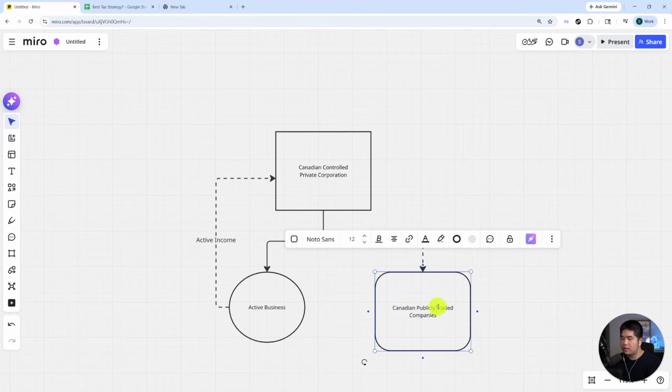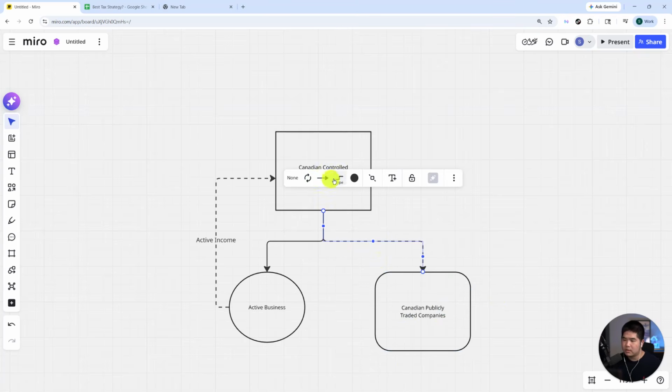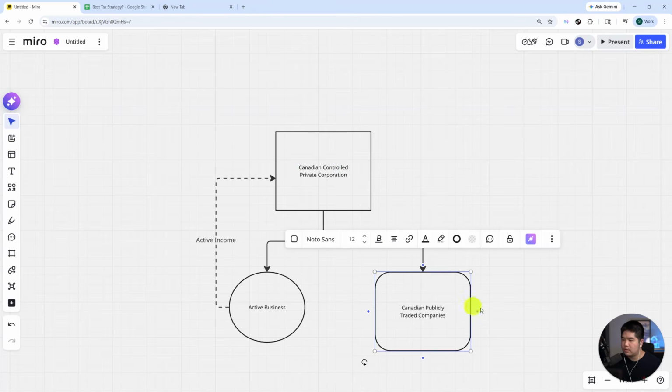And then these companies will pay eligible dividends to this corporation.